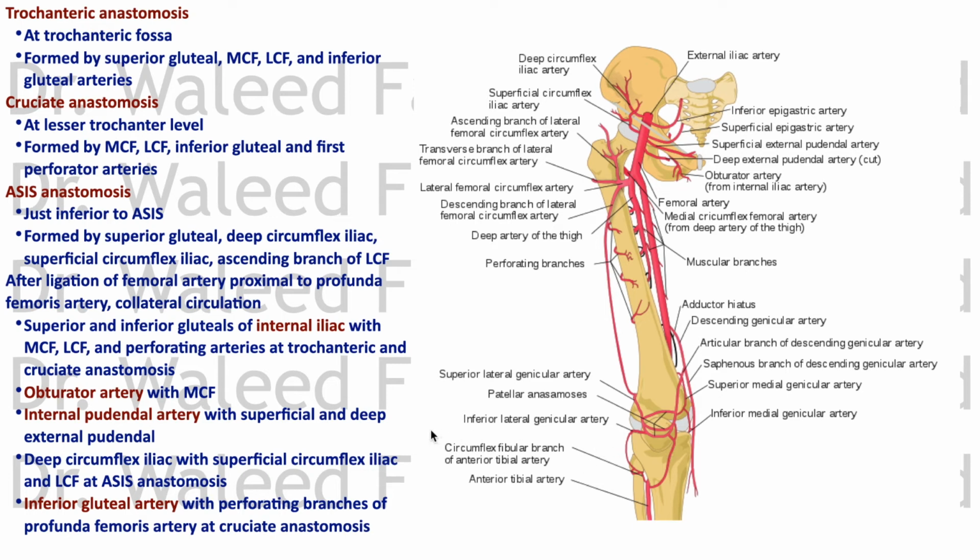So the connections are between the obturator artery and the medial circumflex femoral, between the internal pudendal artery and the superficial and deep external pudendals, deep circumflex iliac arteries with superficial circumflex iliac, and inferior gluteal artery with perforating branches of profunda femoris artery at the cruciate anastomosis. Okay, so this is an important question in the case of occlusion. Of course, there's no sudden occlusion, but gradual occlusion. That's why it gives time for the collateral connections through the anastomosis to develop.